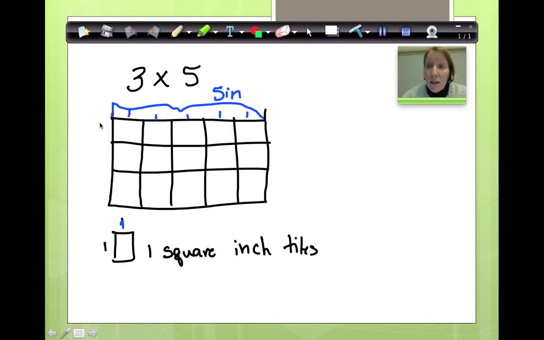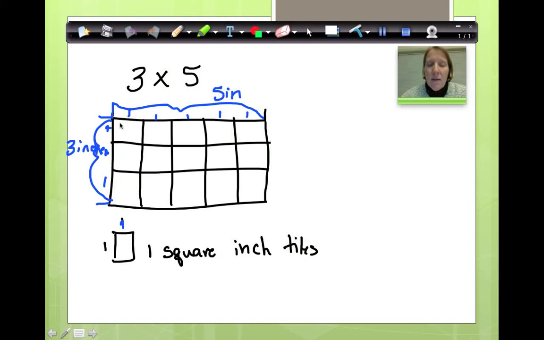We know that each one of these is 1 inch, because each side of a 1 inch square is 1 inch. I didn't even need a ruler for this. I can look and see it: 1, 2, 3. So the distance from here to here is 3 inches. So we can use the unit to help us figure out how long each of our sides are.